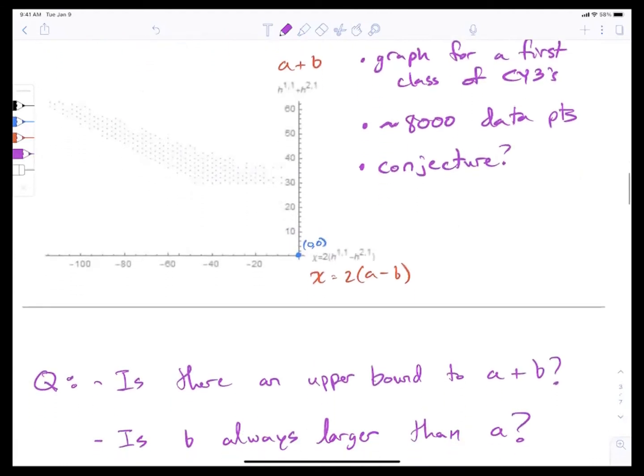And the second kind of thing that stands out here is B is always larger than A, which is why A minus B in this graph is always negative. And that's an interesting idea. Maybe the number of three-dimensional holes is always larger than the number of two-dimensional holes. It's not obvious, but maybe it's true.